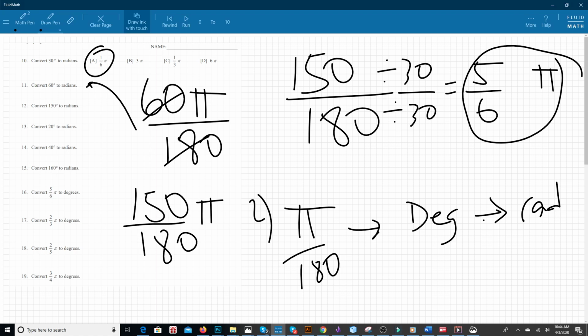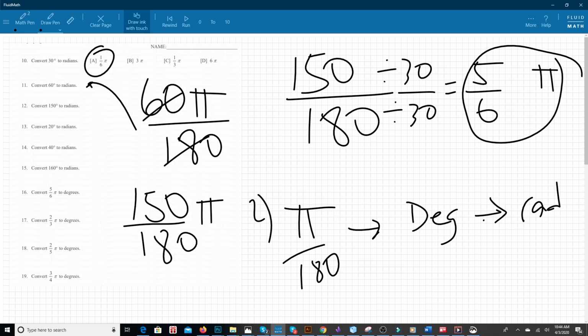13, 14, 15. I mean, you guys could do that, right? Let me do some conversions of the other type, back from radians to degrees. I'll let you guys do 13, 14, and 15.